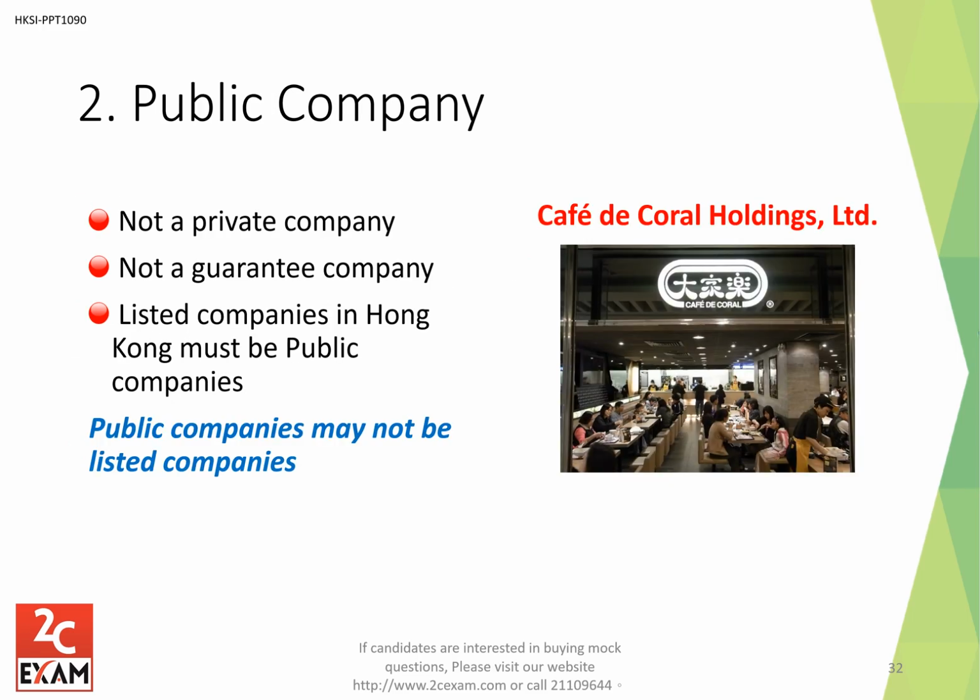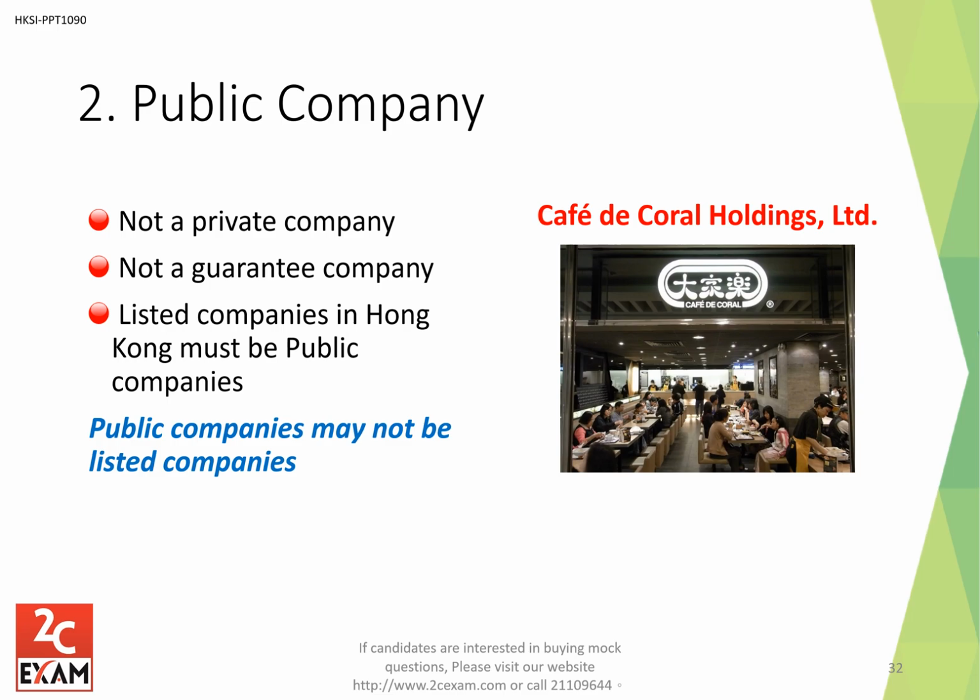What does a public company include? A public company is a company that does not meet the requirements of a private company that we mentioned earlier, nor is it a guarantee company. Remember that in Hong Kong, all listed companies are public companies. So if you see a stock that is listed, the company of that stock must be a public company. To clarify, does a public company have to be listed?